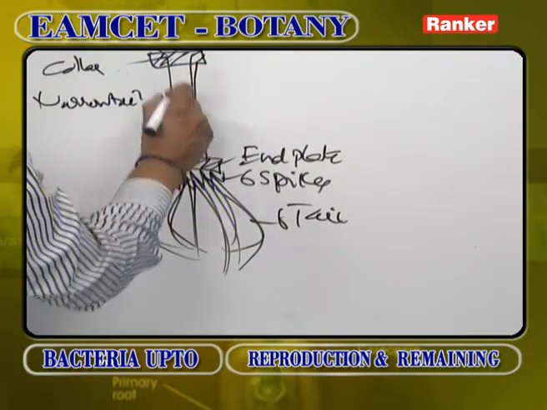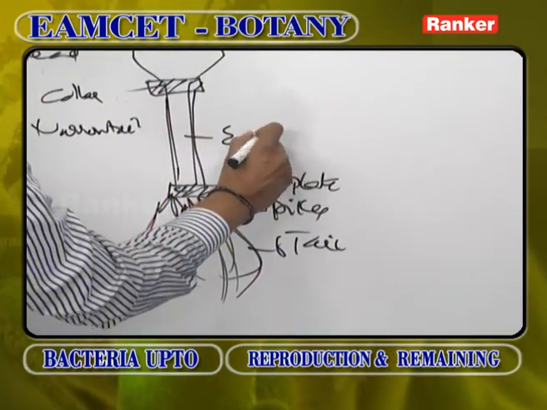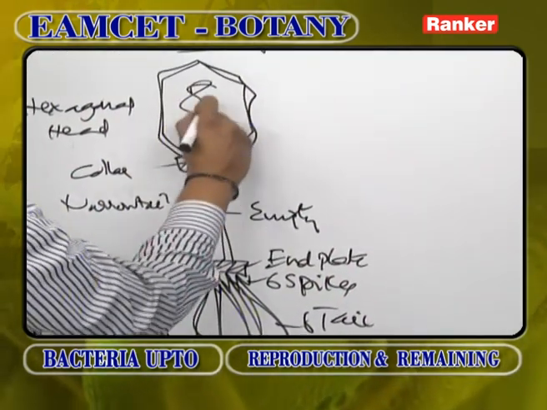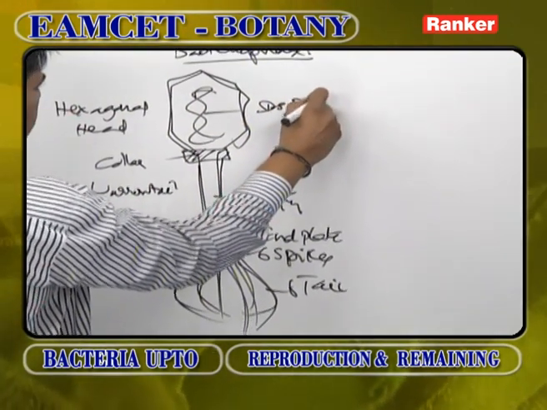The core of the tail is empty, whereas the core of the head is filled with double stranded DNA.